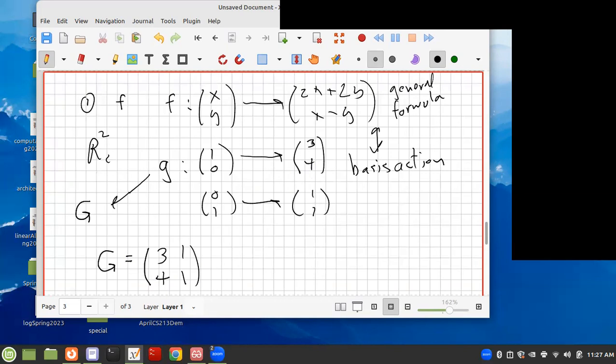Now, we have different bases, which is a little bit more complicated. This just happens to be standard basis to standard basis, right? Because the map G is from R^2 to R^2, and it's standard basis to standard basis.